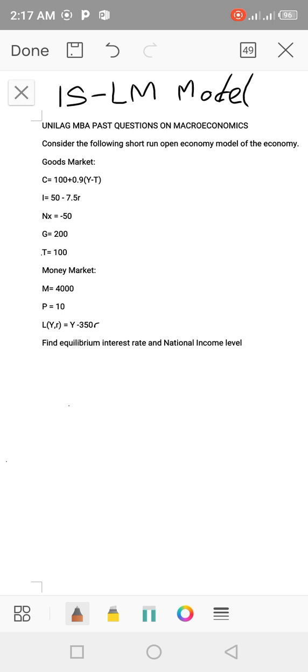So the instruction in the question is to find the equilibrium interest rate and the national income level at equilibrium.